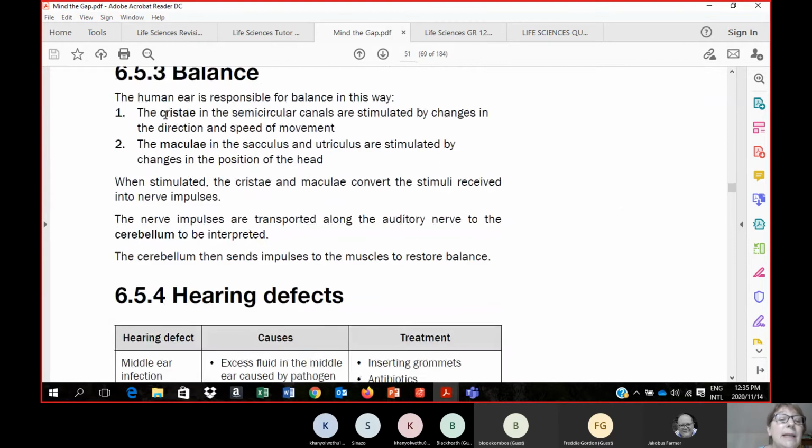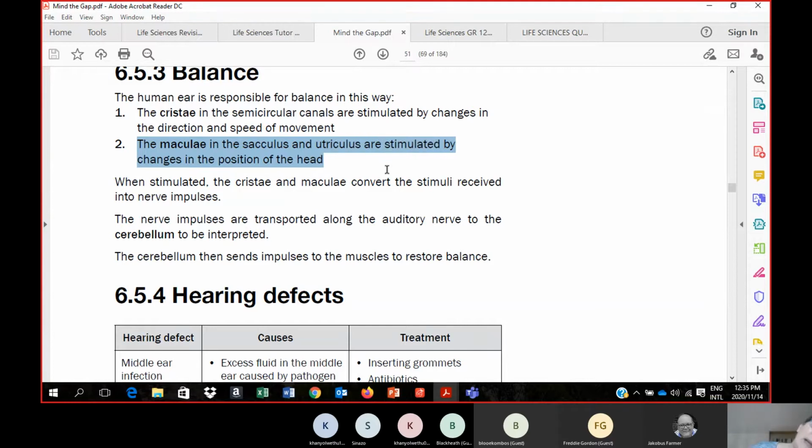Okay, so here it says what they do. The cristae in the semicircular canals, remember I told you in the swelling, are stimulated by changes in the direction and speed of movement. And then the maculae in the sacculus and utriculus are stimulated by changes in the position of the head.